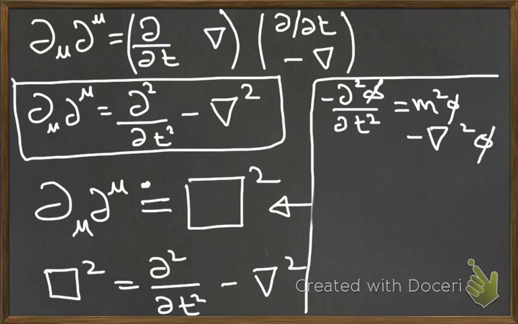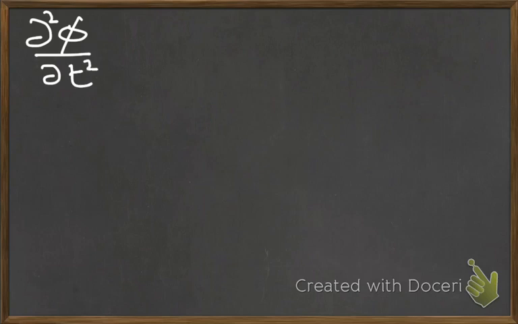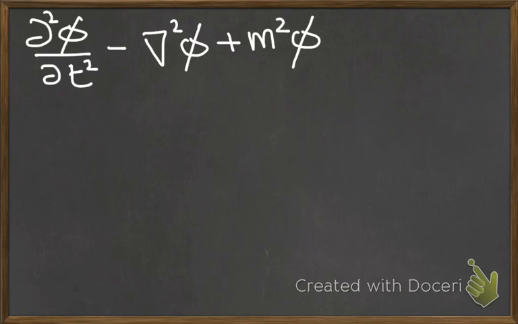It's getting a bit congested over here, so let's move on to another page from this step. And now all I'm going to do is play around with this equation and move the terms here and there, and that will give me partial squared phi over partial t squared minus my Laplacian of phi plus m squared phi. All of this is equal to 0.